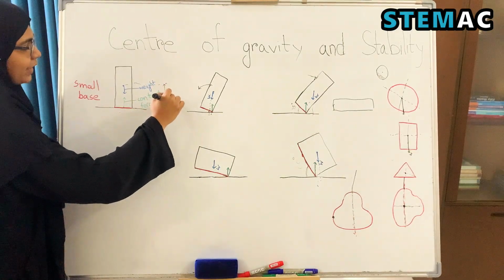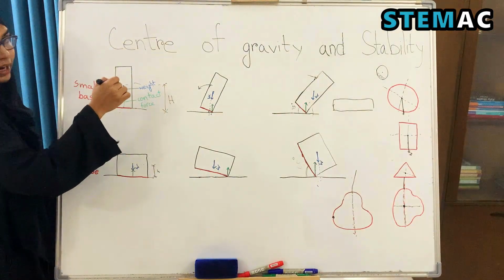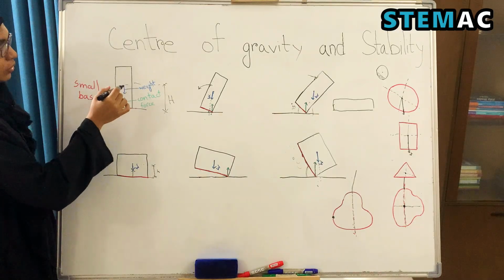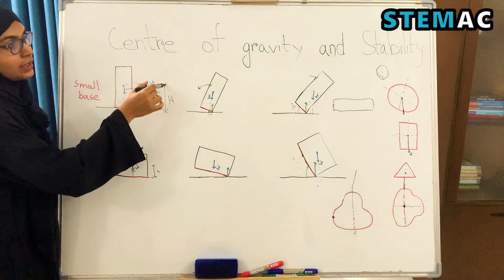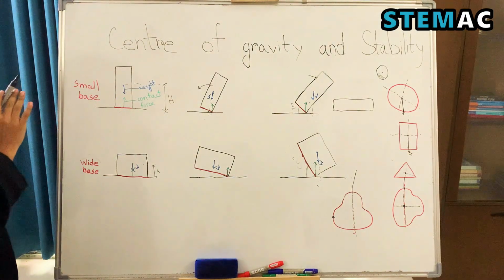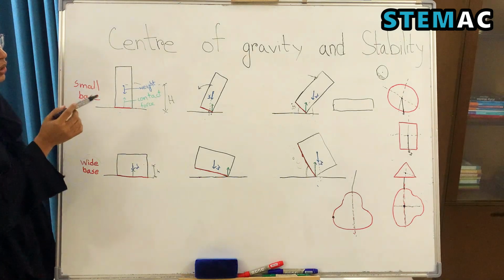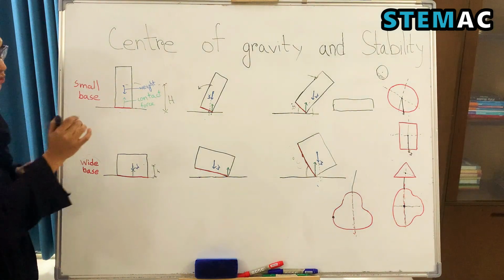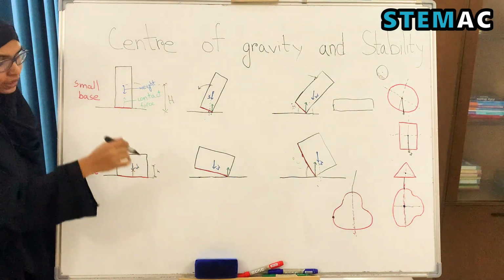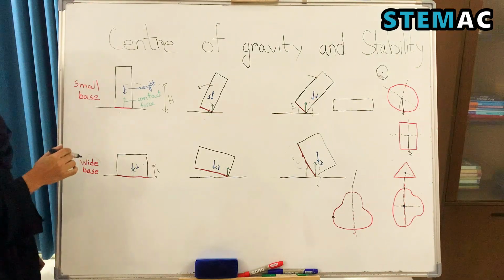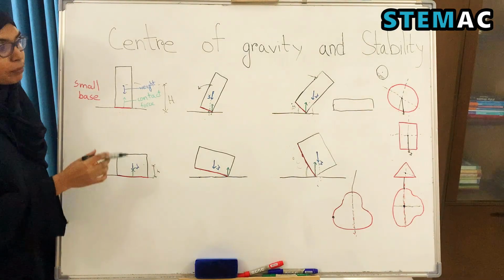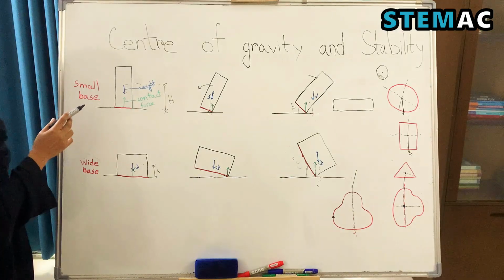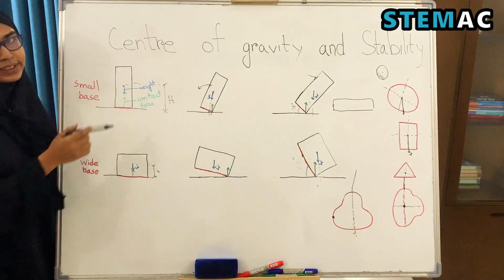I'm denoting it with capital H. As the height from the ground is more, the center of gravity is at a higher point. So we can also conclude that objects with a lower center of gravity and wider base are more stable than objects with a smaller base and higher center of gravity.